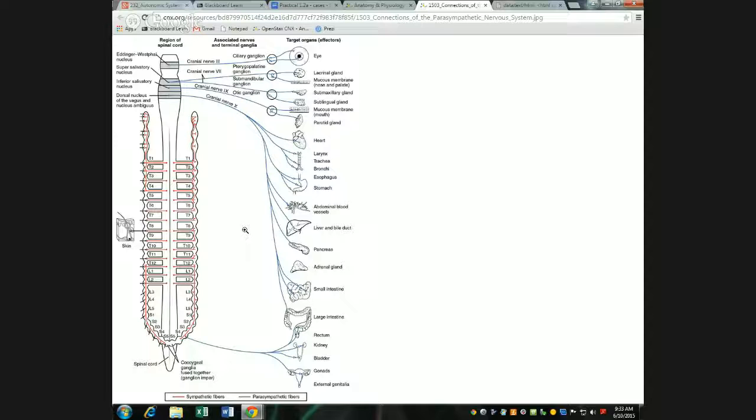Where did you first learn about acetylcholine as a neurotransmitter? Right, it's at the neuromuscular junction. Okay. Where are the neurons that control muscle movement, that actually make muscles contract? Where are those neuron cell bodies located?